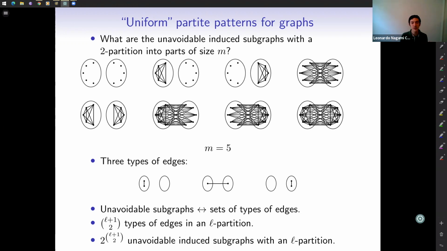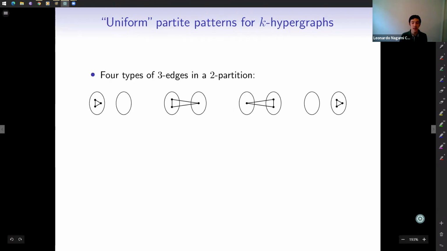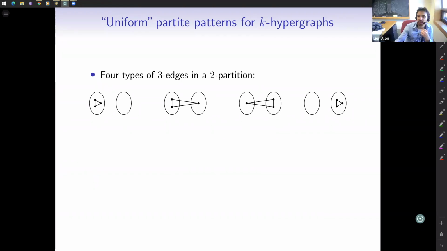Now, a slightly different complication happens when you go to hypergraphs. So for instance, let's ask ourselves, what happens if I have a 3-hypergraph in a 2-partition? Can you explain why it is unavoidable? Oh, unavoidable just means in the sense of Ramsey's theorem, right?